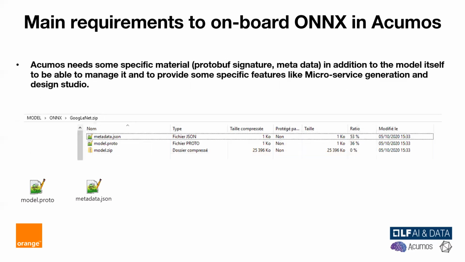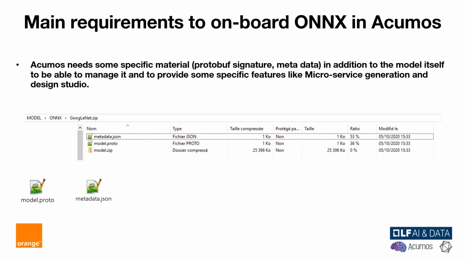So what are the main requirements to onboard an ONNX model in Acumos? You must create some specific materials required by Acumos, like a protobuf signature to be able to send and receive data to and from the serving model.